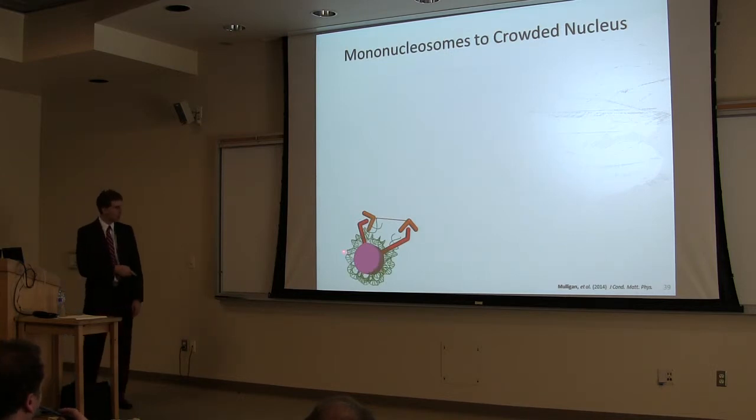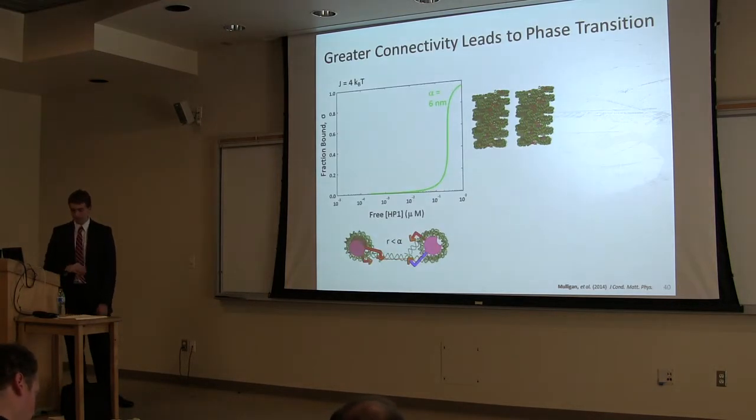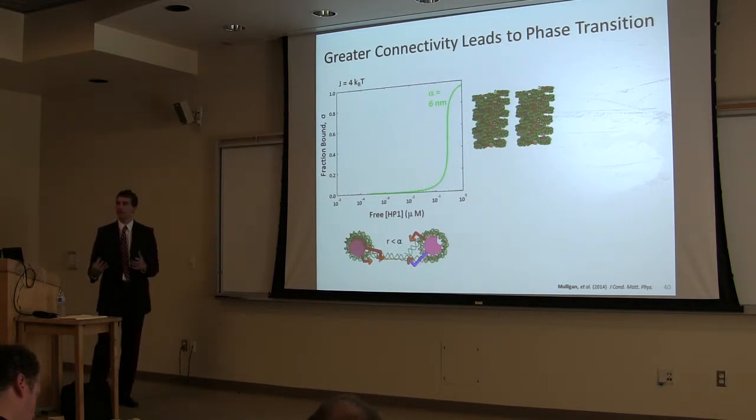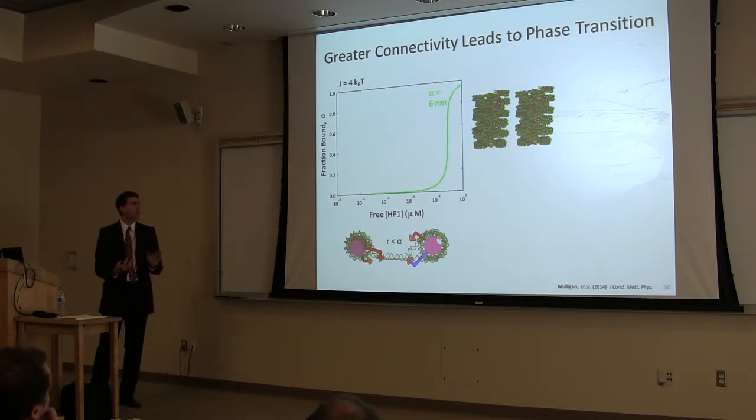So now we want to go from this mononucleosome picture to looking at these packed fiber arrays, as shown here. So let's just take one representative structure shown in here, all packed together. And the only thing we don't know yet is what the value of alpha should be, that cutoff distance, which you can see here. And so it should be reasonable enough for the two HP1 molecules to span.